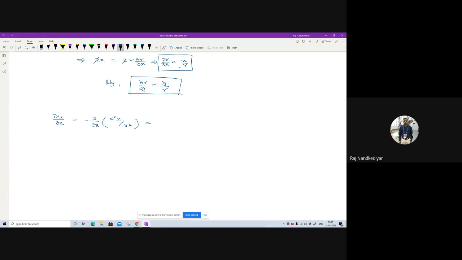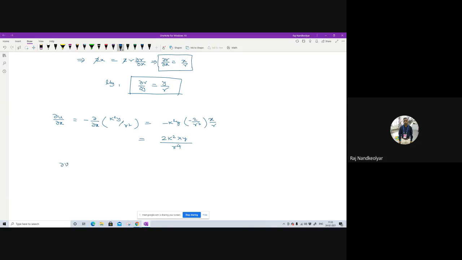Minus k square y will be outside, and I'm differentiating 1 by r square with respect to x. So this is minus 2 by r cube, and then del r by del x, which is x by r. So if you look at this, this is nothing but 2k square xy upon r to the power 4. I hope it is clear.